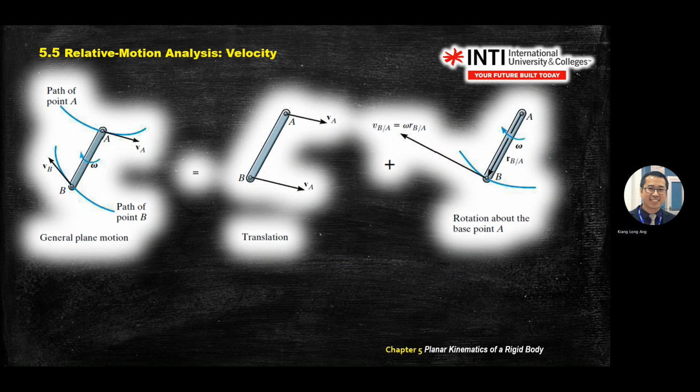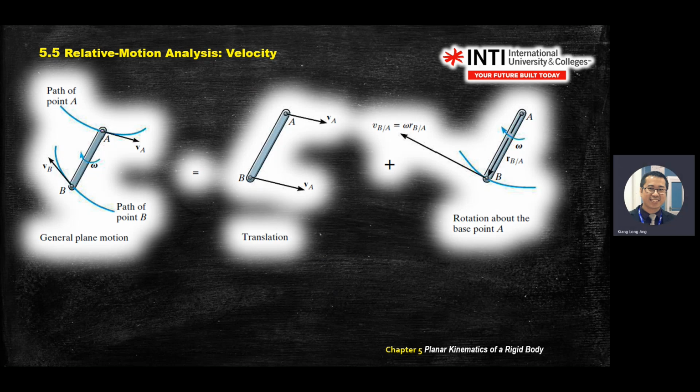Okay. So same with this one. If an object AB or link AB, point A doing circular motion, you know how to draw V A already, right? On the circular path, it's always tangent to the curve. Same with B. B moving on this path, pointing up because it gives you the omega. It rotates this way.